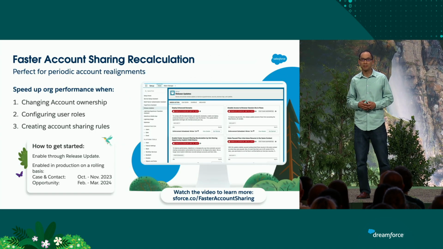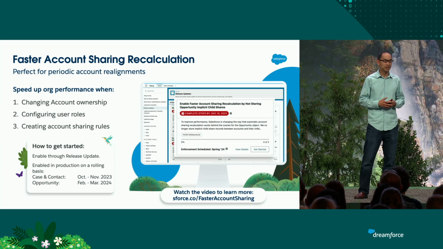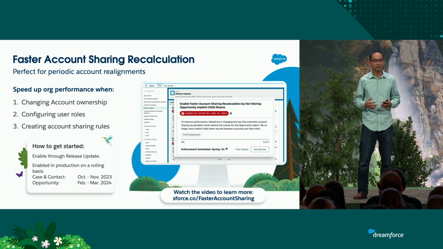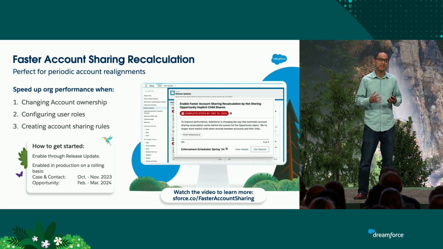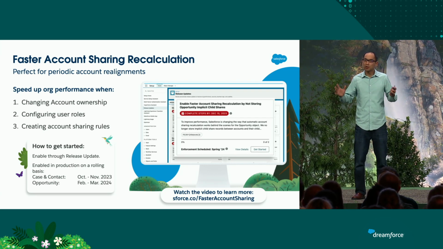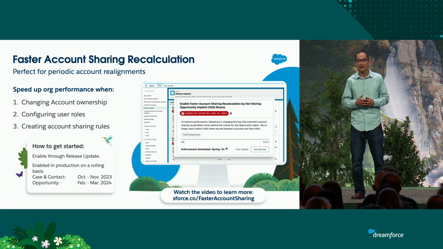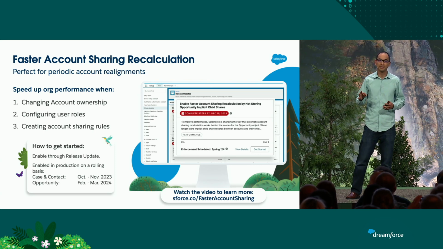Let's start with performance. One administrator told me that after creating a criteria-based sharing rule on an account, it took Salesforce 15 minutes to grant access. Understood that his org was probably one of the biggest orgs at Salesforce, but we could do better. And after he turned on faster account sharing recalculation for case and contact, it only took 3 minutes.